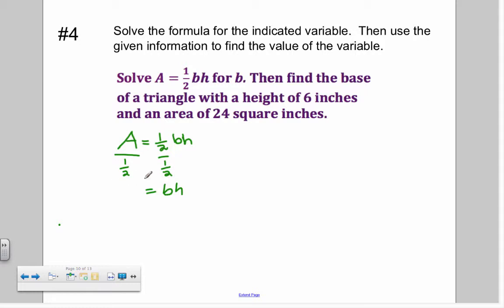If we remember that when we divide by a fraction, we're really multiplying by the reciprocal. So off to the side here, I can think of this as A times, instead of division, now the reciprocal being 2/1. Well, A times 2/1 is really the same thing as A times 2, so I can rewrite this as 2A.